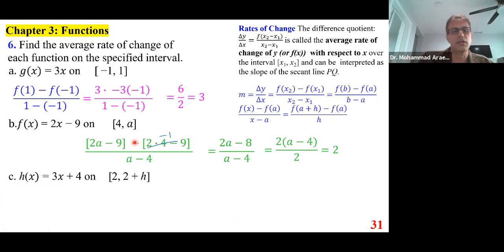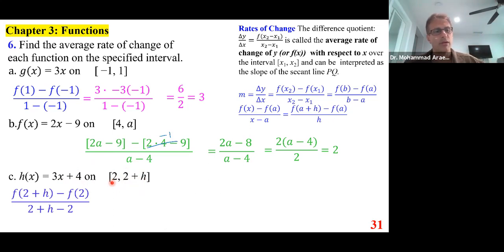We're going to do the same thing here. So that means we are going to use this formula. We're going to put 2 plus h first. So 3 times 2 plus h plus 4. Minus, then we're going to put 2, 3 times 2 plus 4. And the denominator is this, 2 plus h minus this, minus 2. So we are looking at f of 2 plus h minus f of 2 over 2 plus h minus 2.